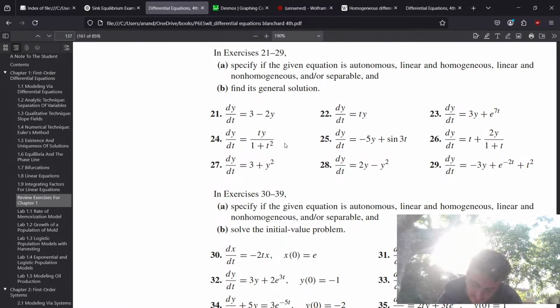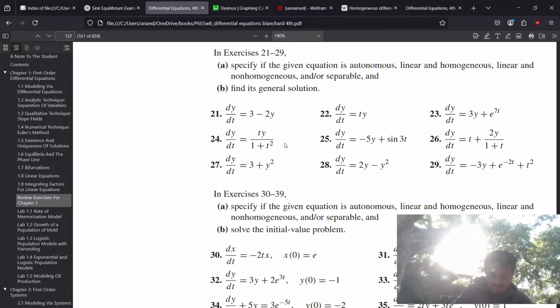All right, great. So we can cancel the t, and then we get 1/2 integral du over u, which is going to be 1/2 ln absolute u.